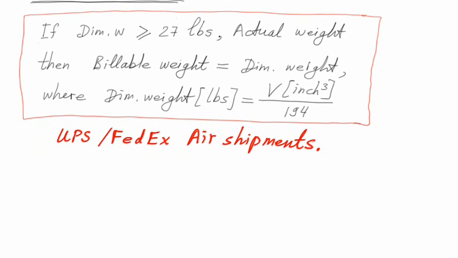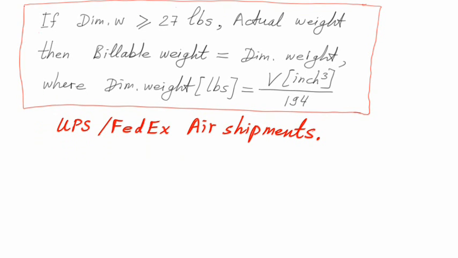So if I include air shipments in my equation or in my condition, then I can slightly modify these equations. What I can do is write it as follows now.